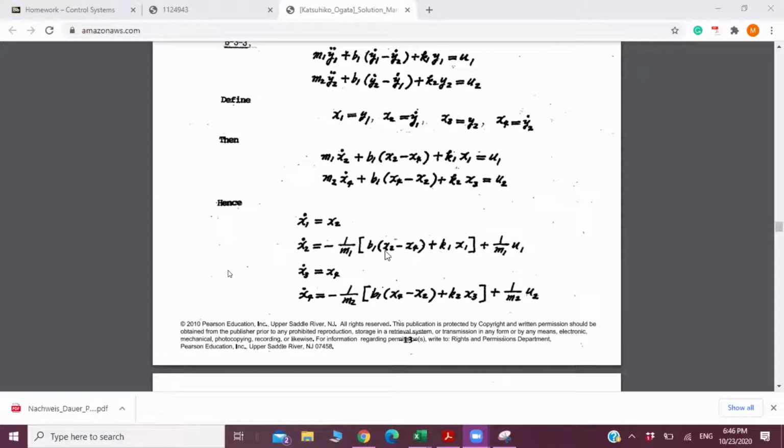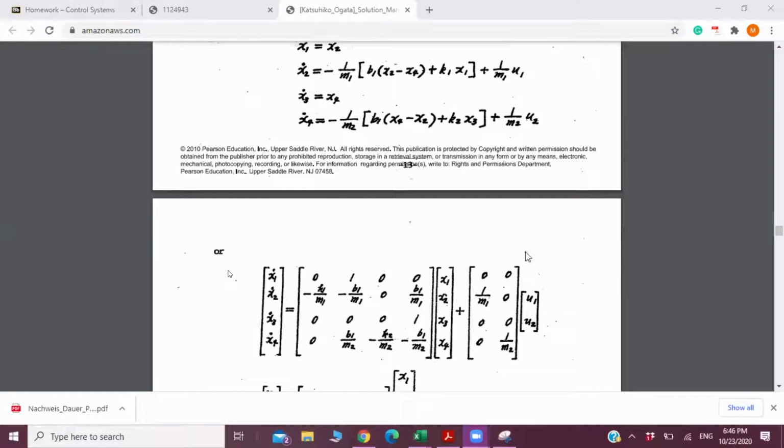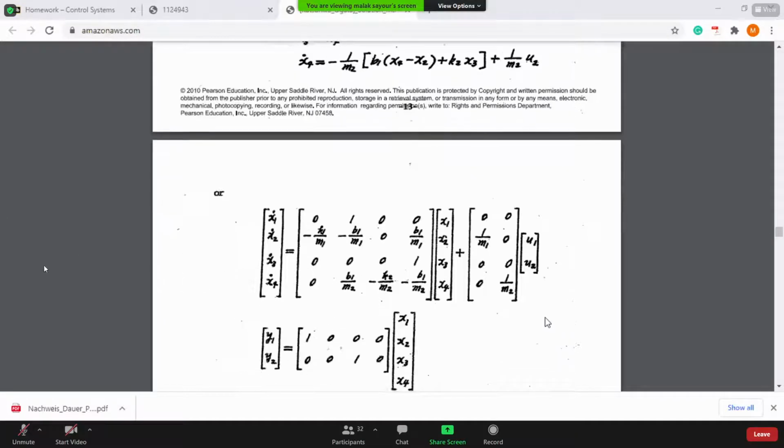So the coefficients of x2, x4, x1, and u1 should be equal to certain values. For example, the coefficient of u1 should be equal to 1 over m1. The coefficient of x1 should be equal to minus k1 over m1. And the coefficient of x3 should be equal to 0 because x2 prime doesn't have x3 here. And then you get the final answer just like that.